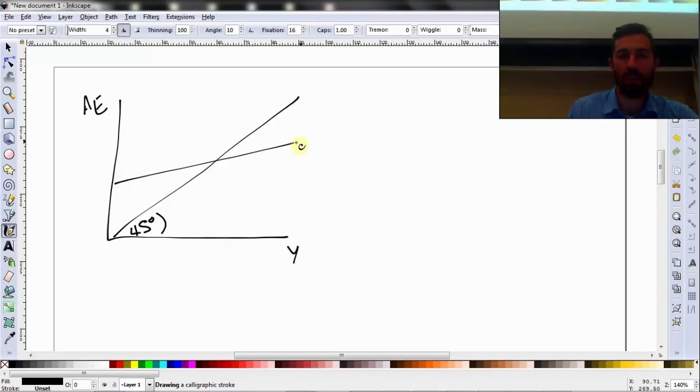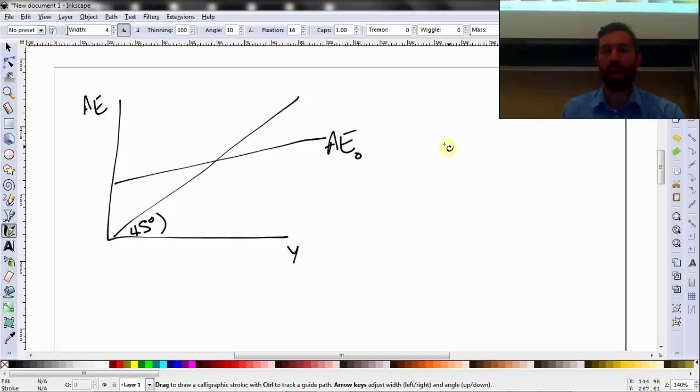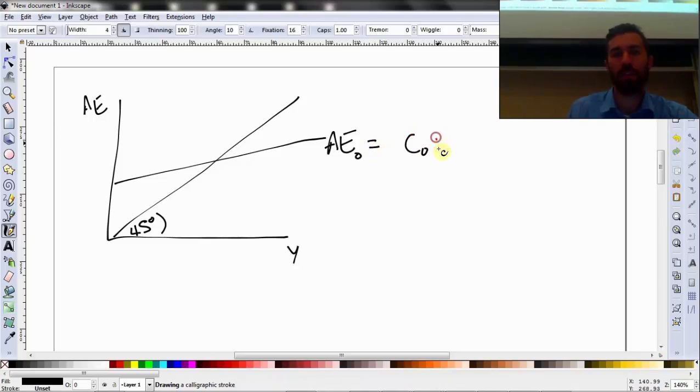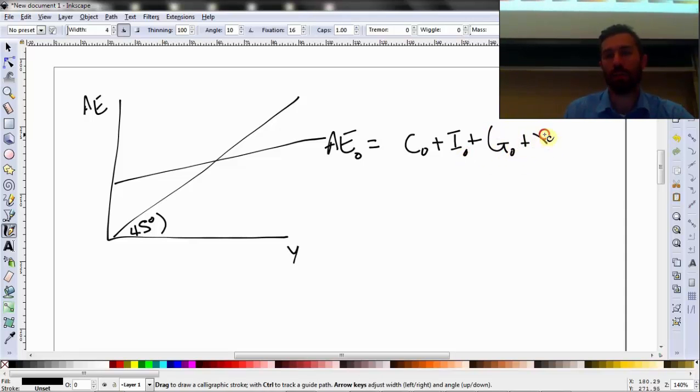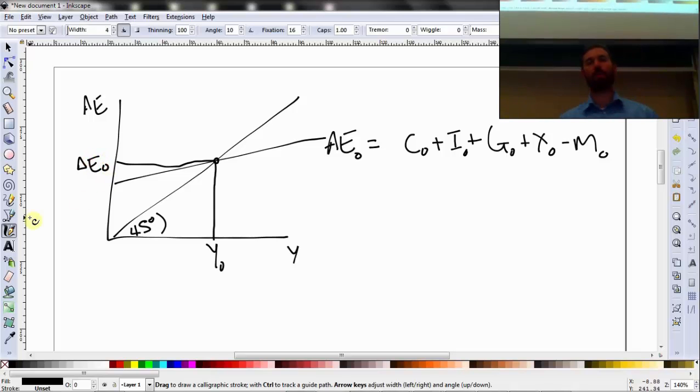And we've got some level of aggregate expenditure, AE0. AE0 is equal to C0 plus I0 plus G0 plus X0 minus M0. Okay? And our equilibrium here is going to be Y0 and AE0. Okay? So that's our setup.